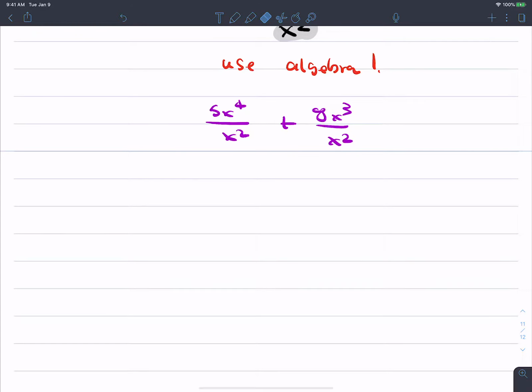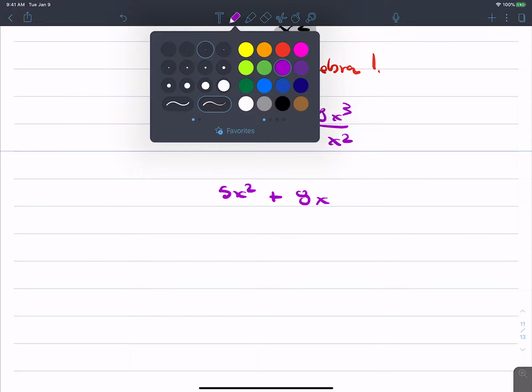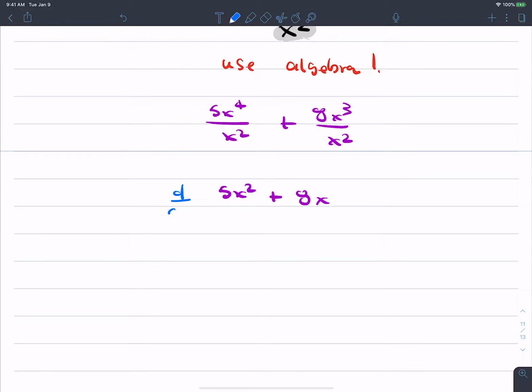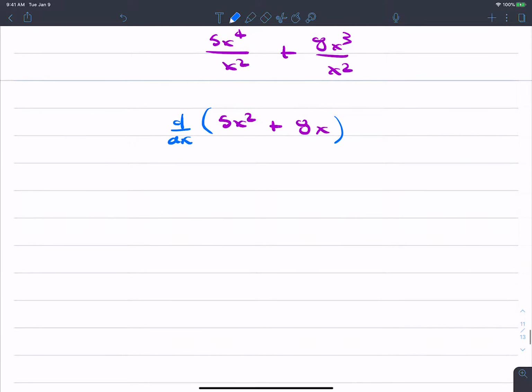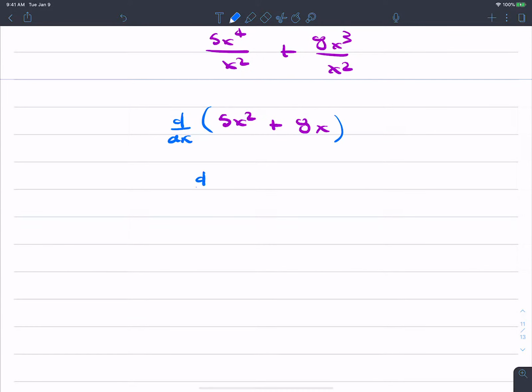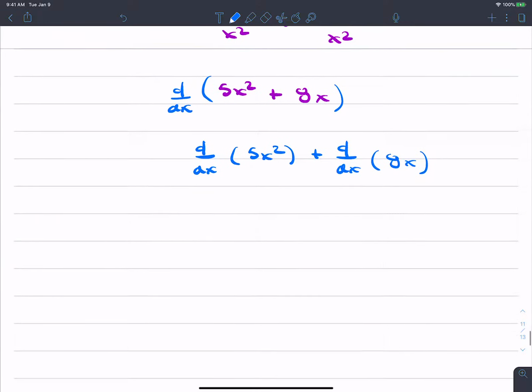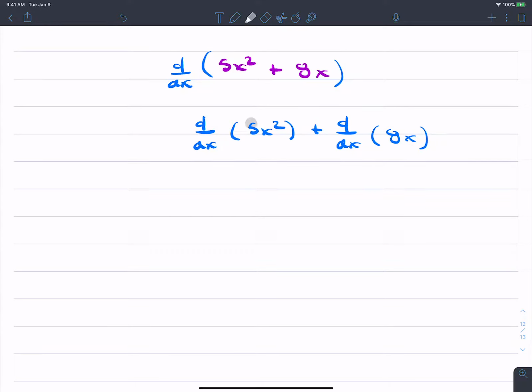So we get 5x squared plus 8x. Derivative of a sum is the sum of derivatives. Alrighty. Constant.